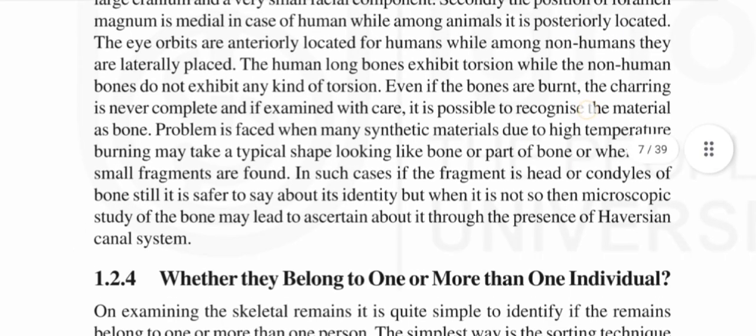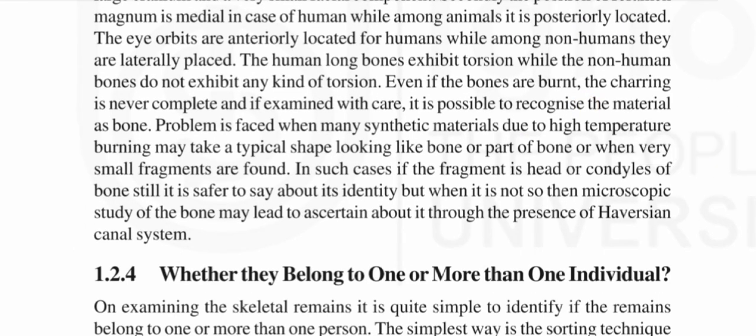In such cases, if the fragment is the head or condyles of the bone, still it is safer to say about its identity. But when it is not so, then microscopic study of the bone may lead to ascertain it through the presence of Haversian canal system.